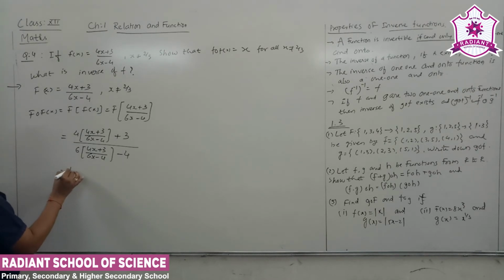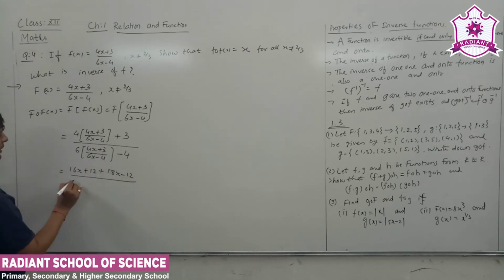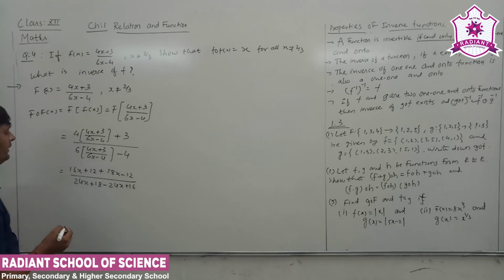Okay, so 4 4s are 16x plus 12, plus 3 6s are 18x, okay, and minus 12, right, upon similarly 6 LCM cut, so 24x plus 18 minus 24x plus 16, right, so 6 minus 4, the same function I think.